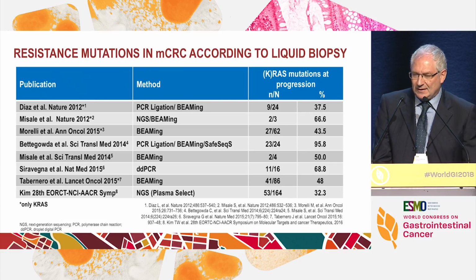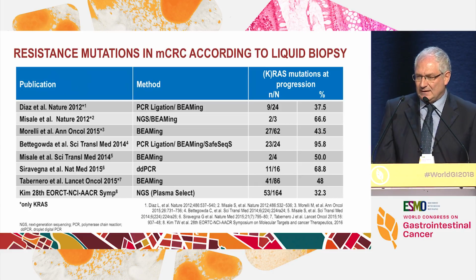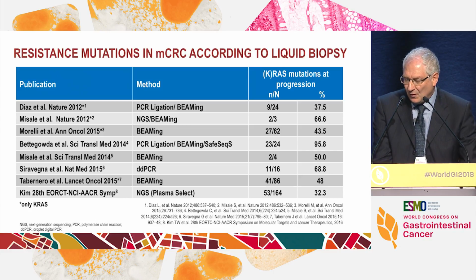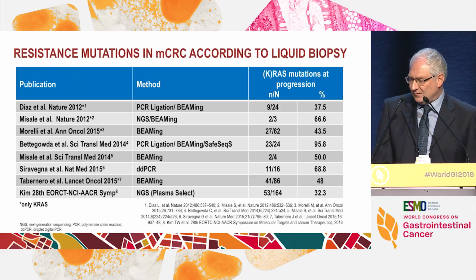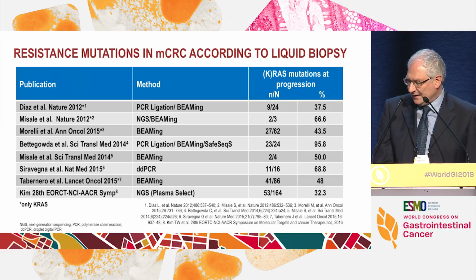We know, for example, that the longer patients are not treated with anti-EGFR, the higher is the chance some of these mutations disappear. But a lot of different studies, mostly case series or retrospective studies, have been showing with different techniques that the most common mutations that are linked to acquired resistance to anti-EGFR treatment in metastatic colorectal cancer patients still belong to the RAS family of genes.